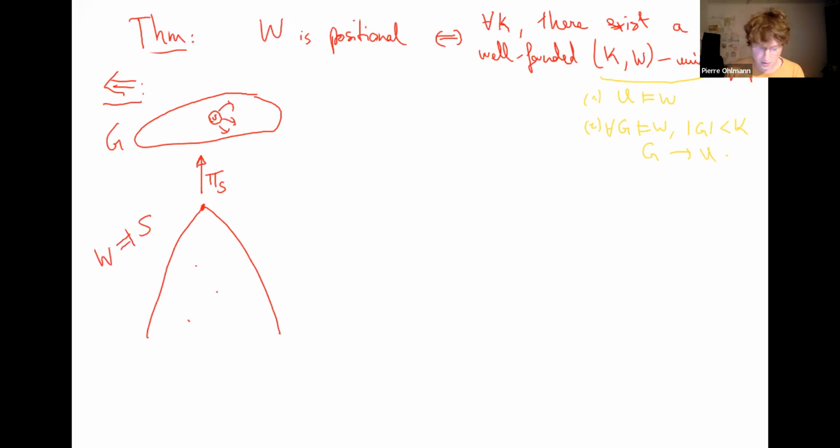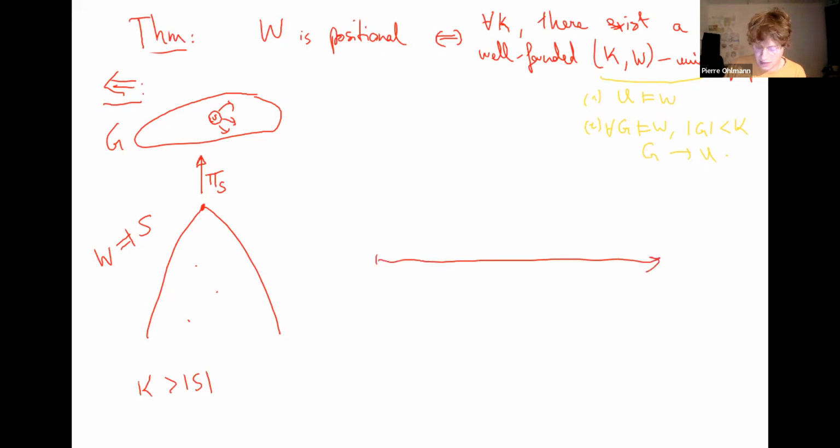Yes, thanks. Okay, and now I'm going to use my assumption. I'm choosing some cardinal kappa greater than the cardinality of the strategy, and I'm using my assumption. So I know that I have a well-structured universal graph. So let's make it big.